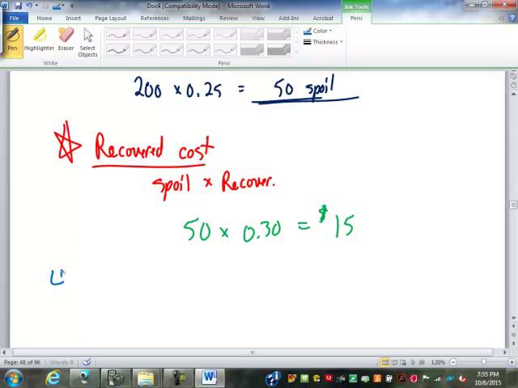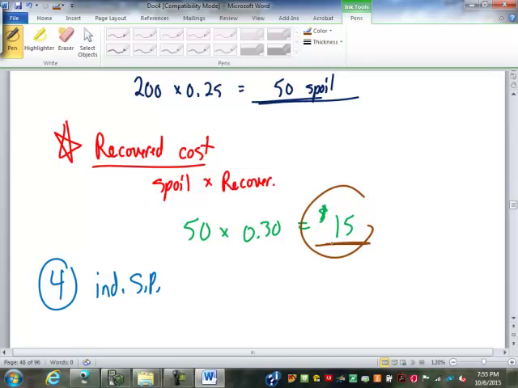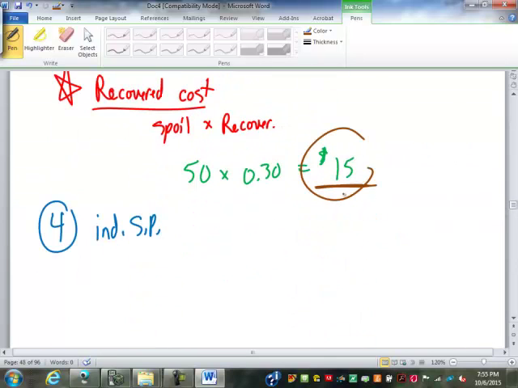So now when we go on to step 4, which is to find the individual selling price, we first must take the $15 that we recovered from the spoiled items out of the total selling price. So we need $126. We're going to subtract 15 because we've already recovered, or we're going to recover that.